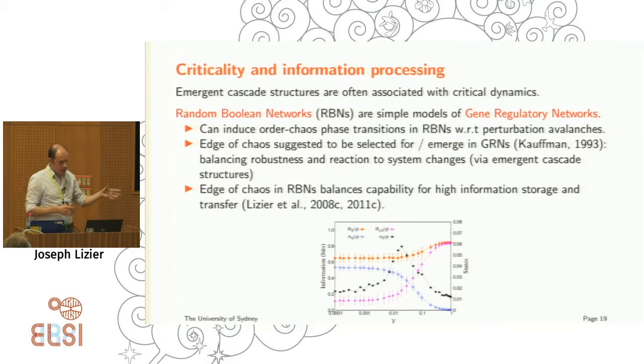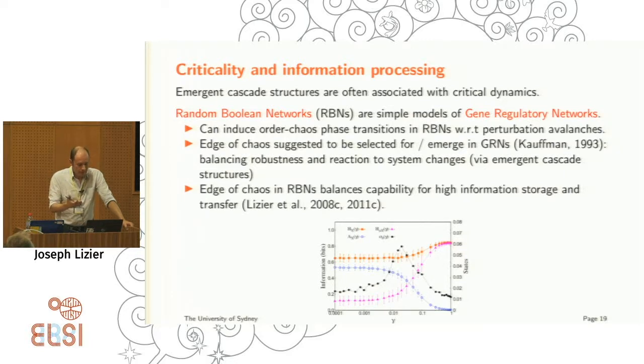What I haven't shown here is that we've done similar experiments with neural systems, with both artificial neural networks and real in vitro spiking neural networks, where in both we have access to a control parameter that we can use to trigger a phase transition in a similar way, and we get very similar results in those as well. So in quite a few systems, around these critical points we see a very nice balance between information storage and information transfer.